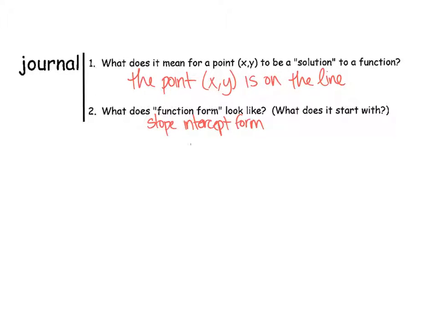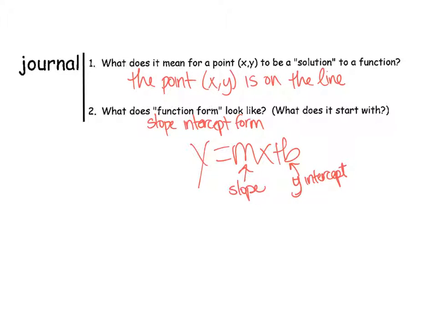Because in my y equals mx plus b, the slope is my m, and the b is my y-intercept. Or remember my initial value? y equals mx plus b.